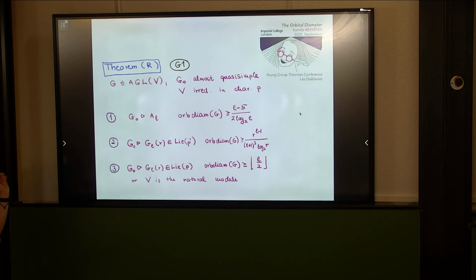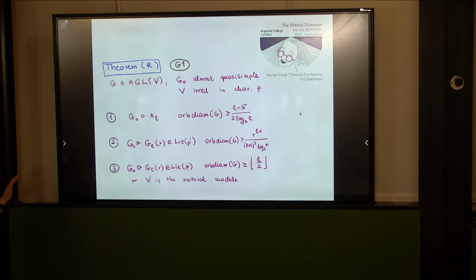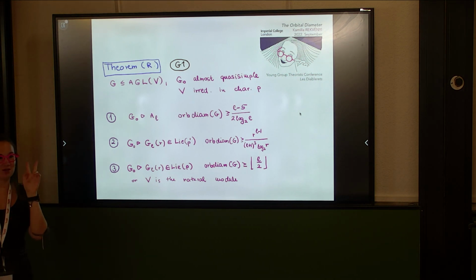If it is a group of Lie type in cross-characteristic, then the orbital diameter is at least R to the L-1 over L plus 1 cubed log 2R. And if we're in defining characteristic, then the orbital diameter is at least the floor of L half, or V is the natural module of a classical group, in which case the orbital diameter is always at most 2.